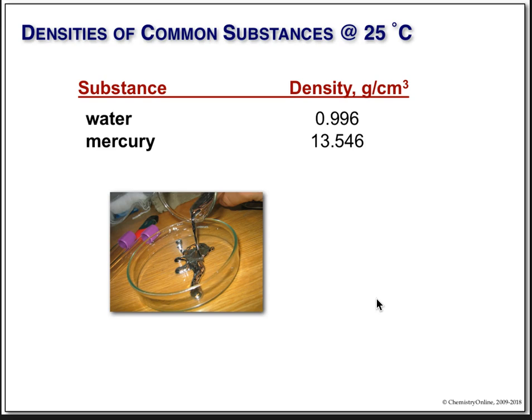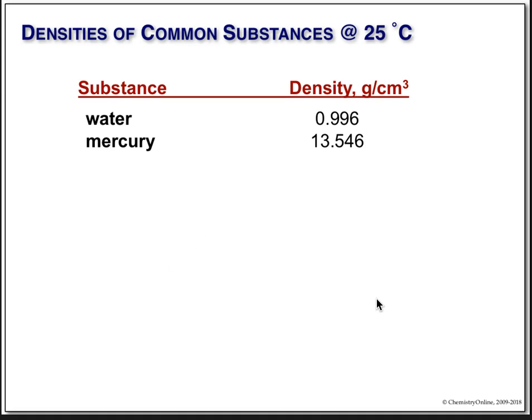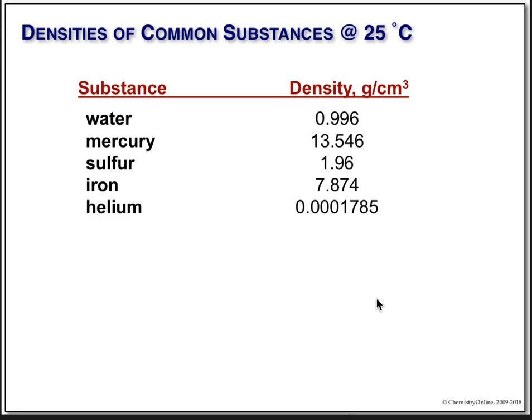Yes, we played with it all the time. Unfortunately, it is now considered a neurotoxin, so it poisoned an entire generation, but it was really fun to play with. It's a very dense liquid metal, 13 grams per cubic centimeter. Sulfur, about twice water. Iron, about 7.8.